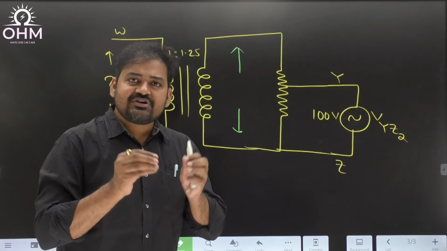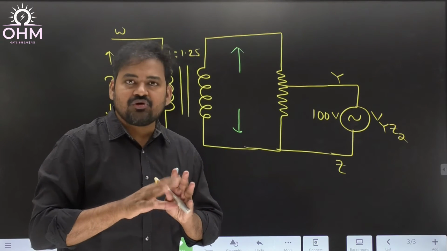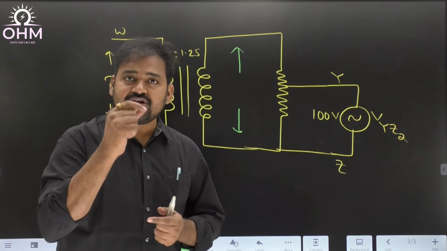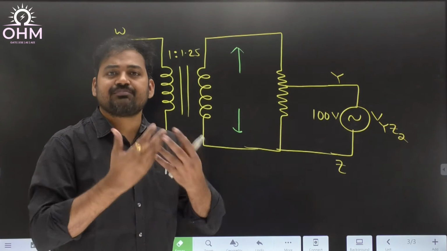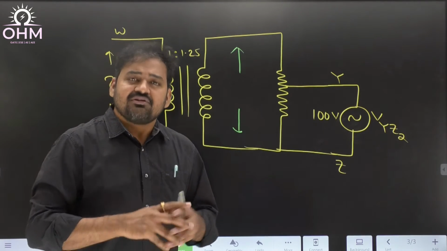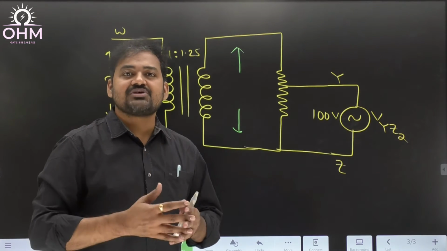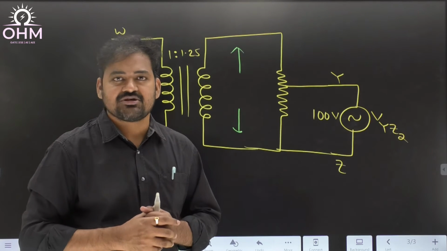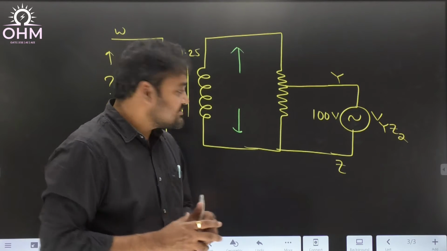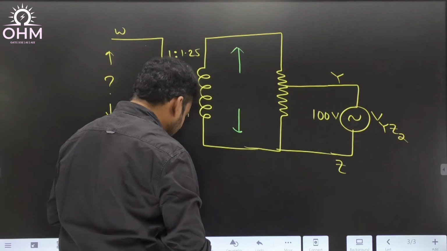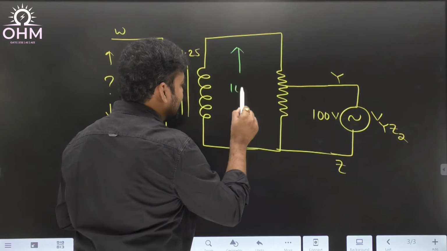Resistor means always voltage drop takes place, voltage rise cannot take place. If a resistance or rheostat was really able to step up the voltage, I would replace all the transformers in power systems with rheostats only. What is the need to use high cost transformers if rheostats were really able to step up the voltage? Definitely not possible. Even though there was an 80% tapping here, the output voltage remains equal to 100 only.